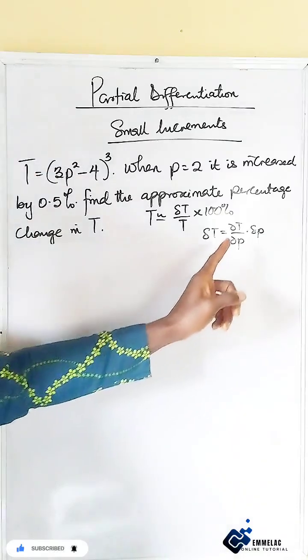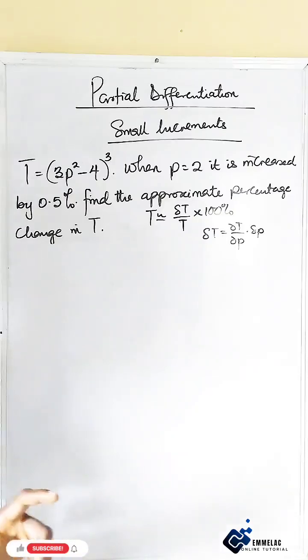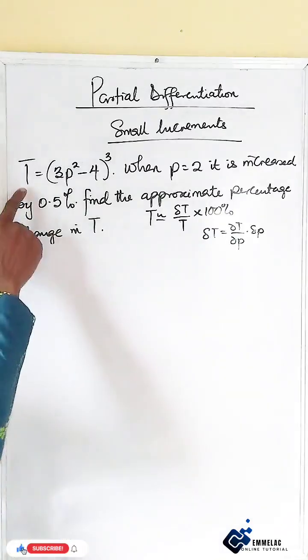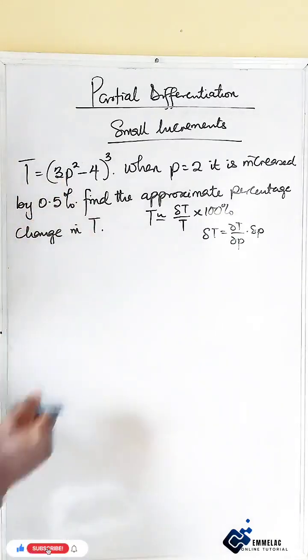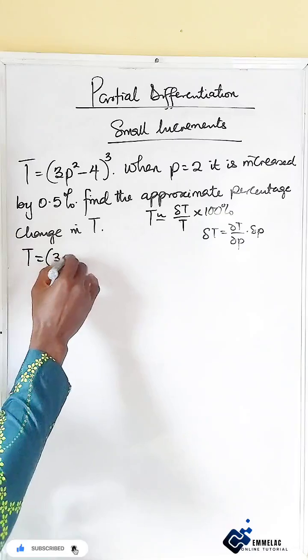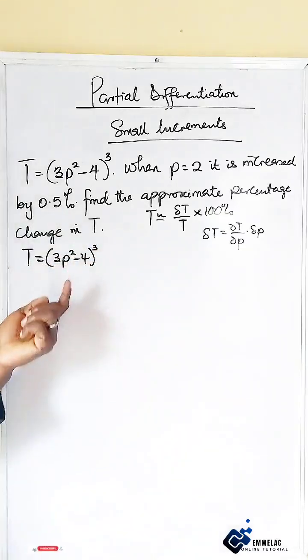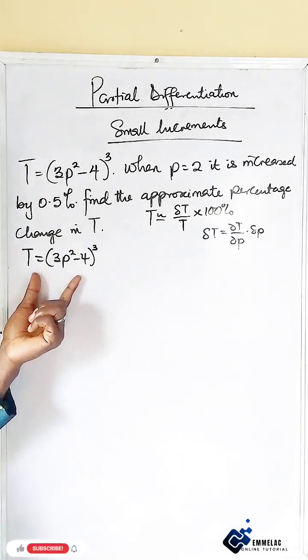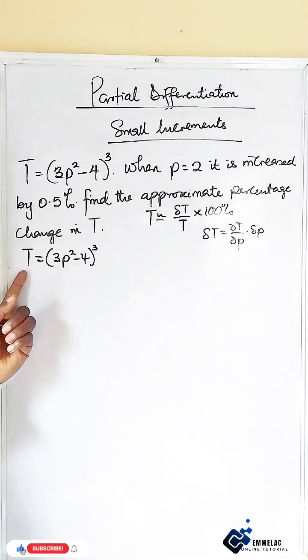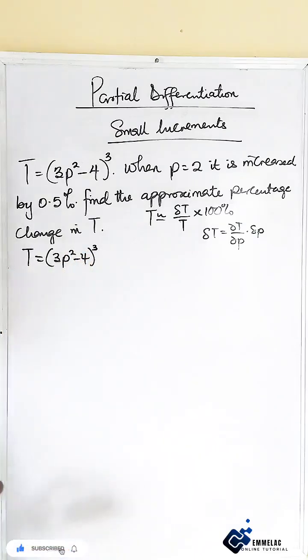Now for us to find the partial derivative of t with respect to p means we are differentiating t with respect to p. If you take a look at t, the equation above, you will see that we will need to resolve this using function of a function, because t is a function of p, and p is a function of itself, having a power of 3.